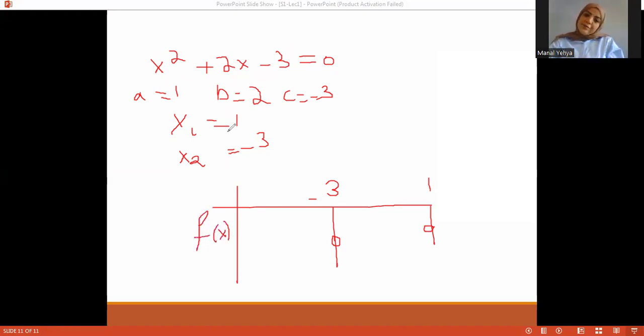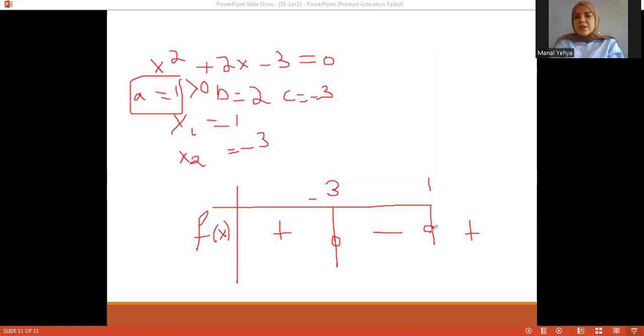And now, you look at a. Is a positive or negative? A is positive. So inside the roots, opposite sign of a, outside the roots, same sign of a. So now we can say that this equation is positive from minus infinity to minus 3, union 1 to plus infinity. And this equation is negative between minus 3 and 1.